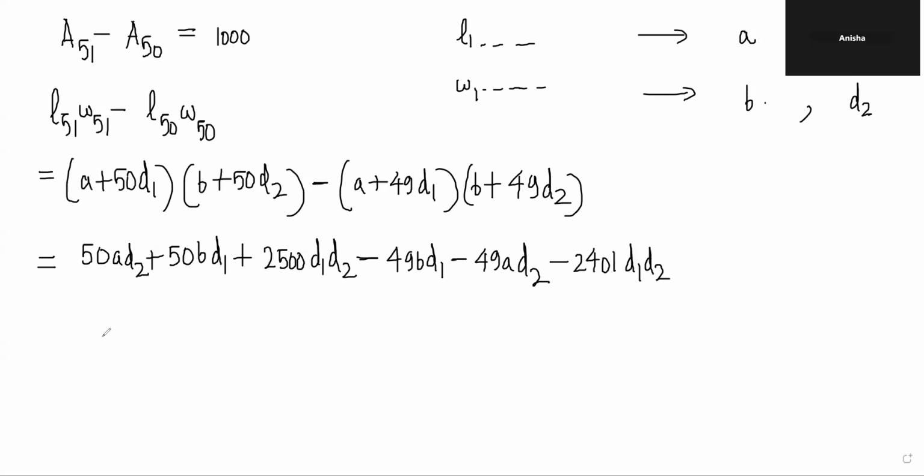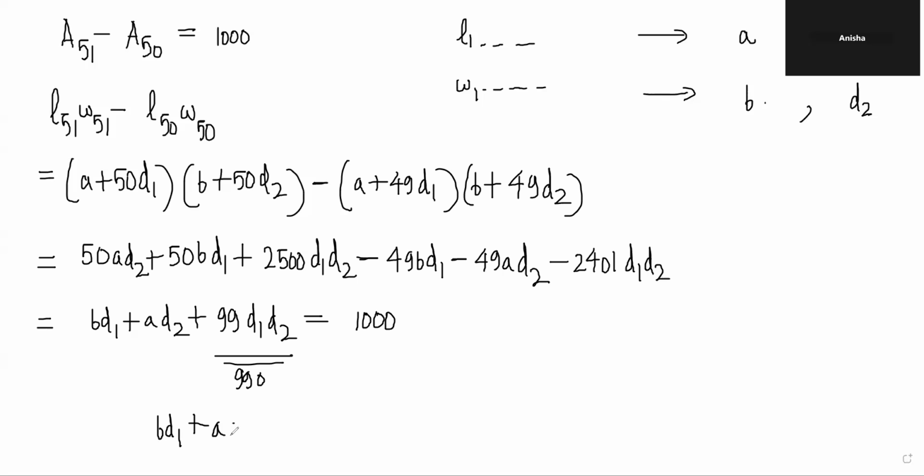So you are getting basically BD1 plus AD2 plus 99 D1 D2 is equal to 1000. We already know D1 D2 is 10, so this is 990. So we are getting BD1 plus AD2 is 10, right?